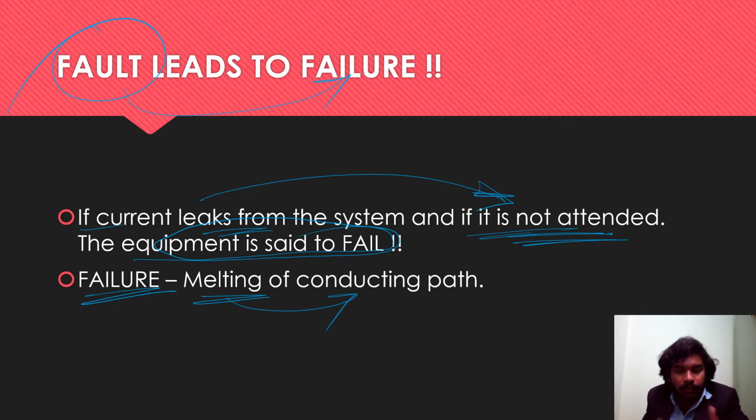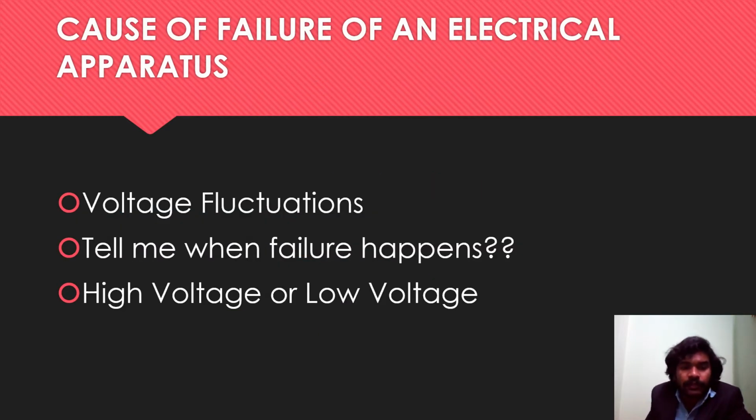Then whatever power supply you give to the equipment, it will not take it because the path has been broken open, and the machine is said to have failed. So what basically causes failure of an electrical apparatus is our point. We are talking about fault which leads to failure.